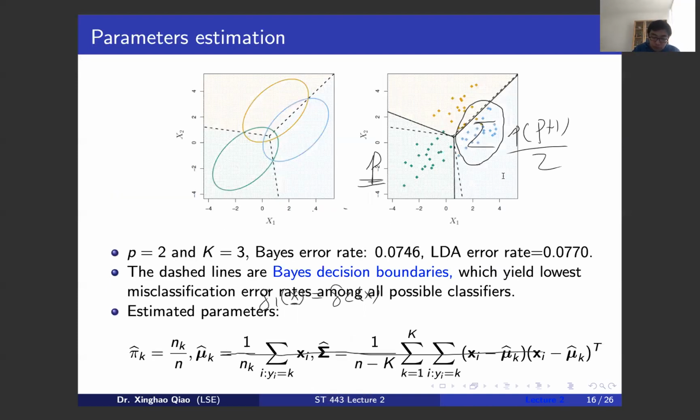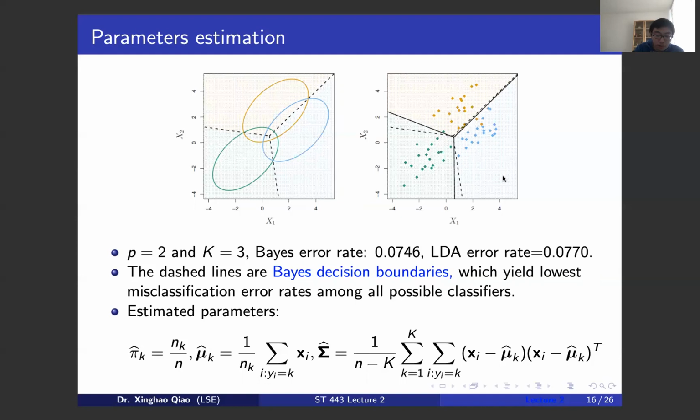Okay, so let me give you an example, and this is a 3-class classification problem, and this is still simulation data, so we know how the data are generated. If we know how the data are generated, we can easily calculate the Bayesian decision boundary.